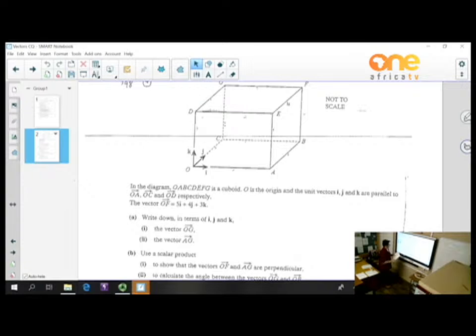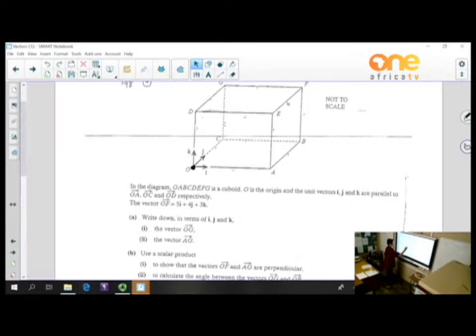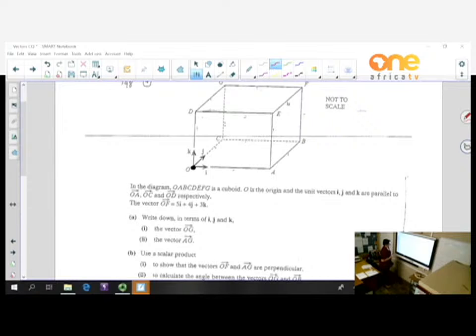O is the origin, so everything works from O. And we're working with base vectors I, J, and K, and they are OA, OC, and OD. The vector OF, that's the key, that's where we're going to start. OF is 5I plus 4J plus 3K.